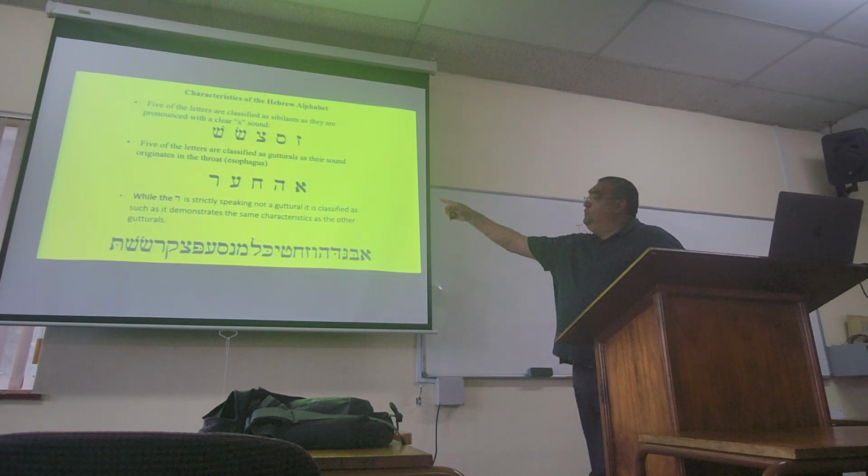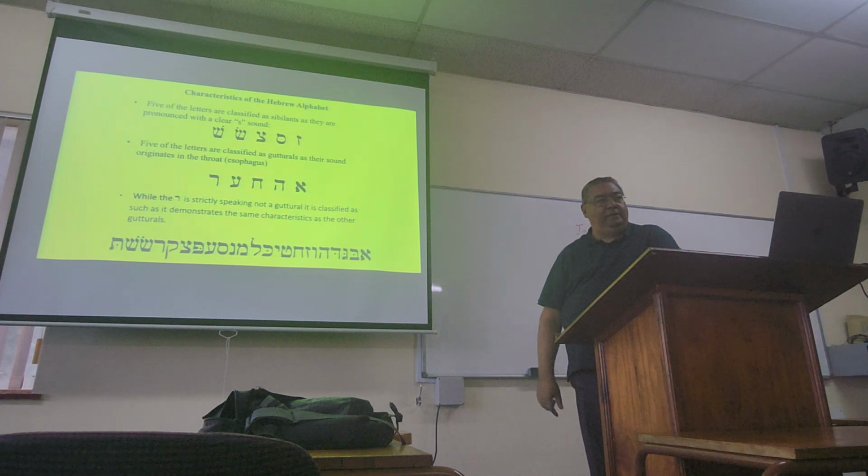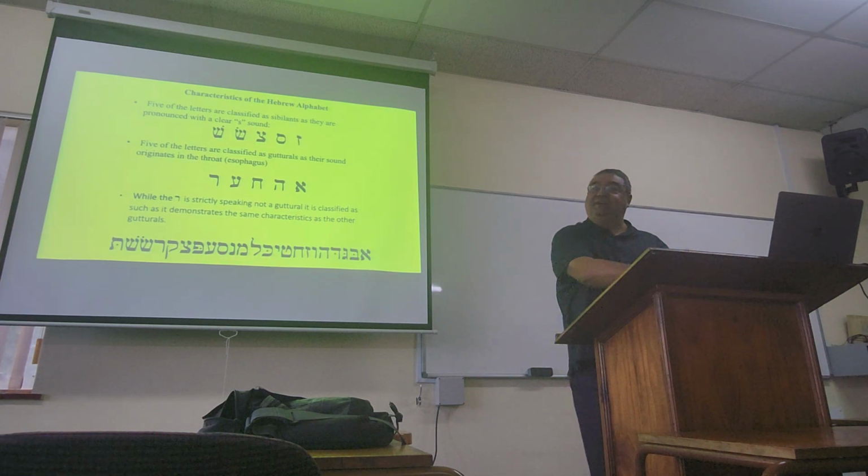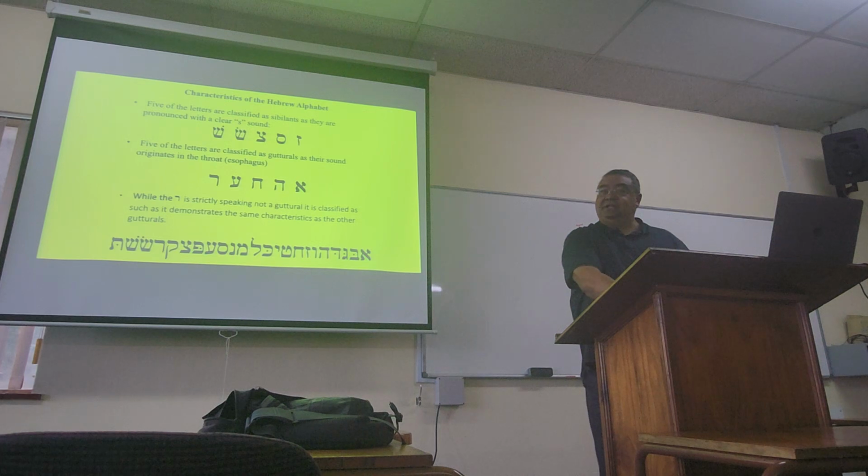And so even though the first letter of the Hebrew alphabet has the same origin as the first letter of the Greek alphabet, the first letter of the Greek alphabet, like the first letter of the English alphabet, the letter A, which is derived from alpha, are vowels. In Hebrew, the first letter of the Hebrew alphabet is a consonant. It's not a vowel. Okay?